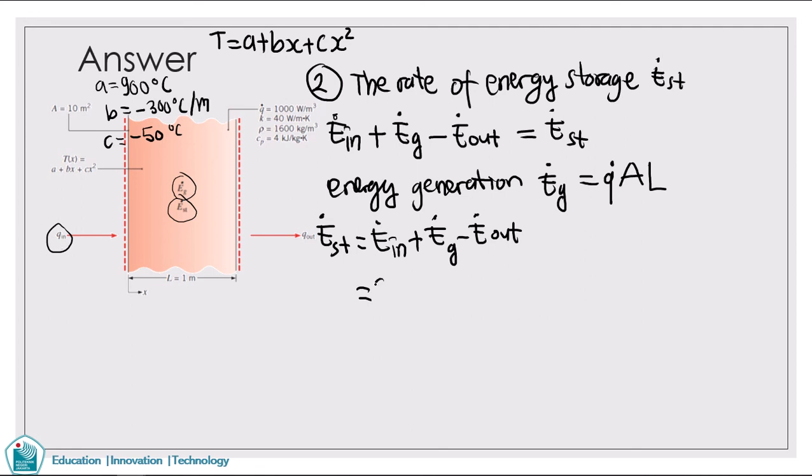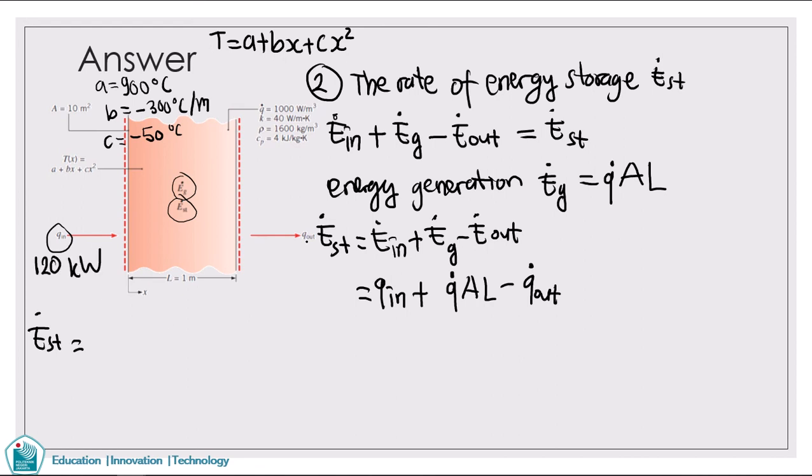So we have the Q in plus the q dot AL minus the Q out.